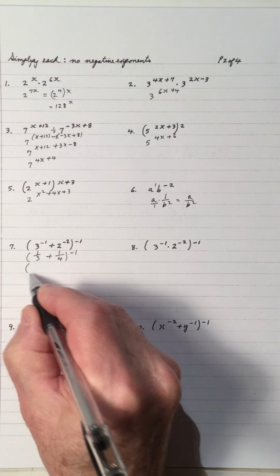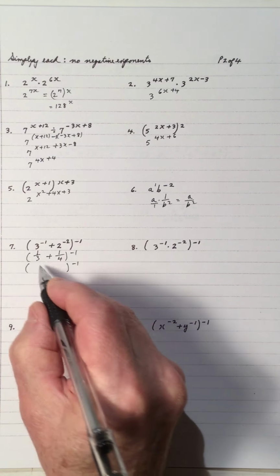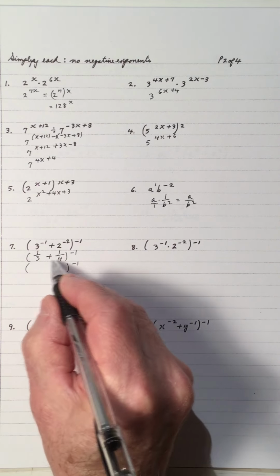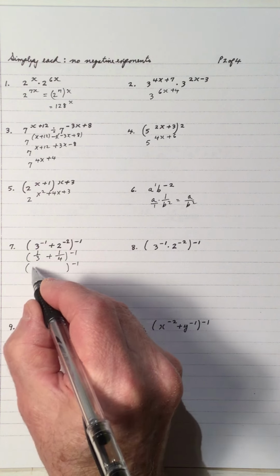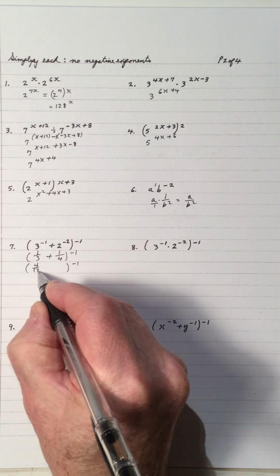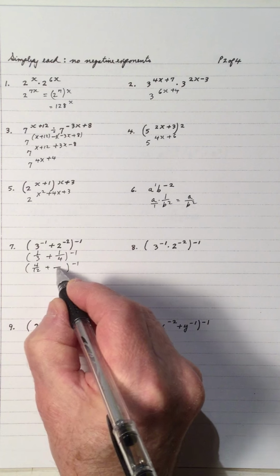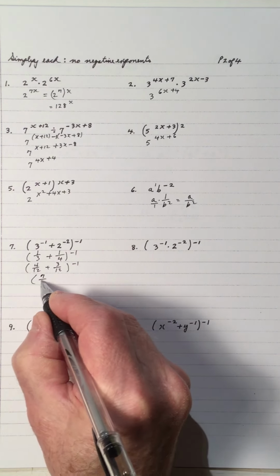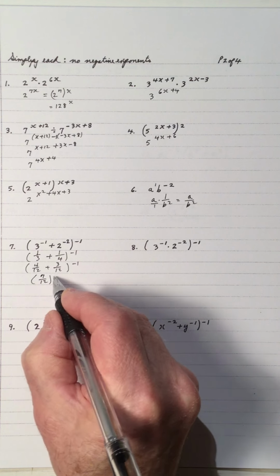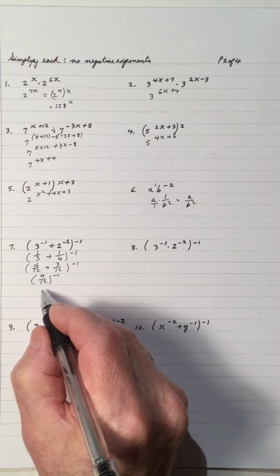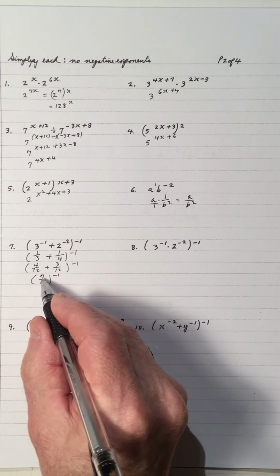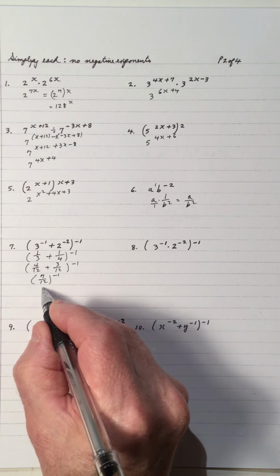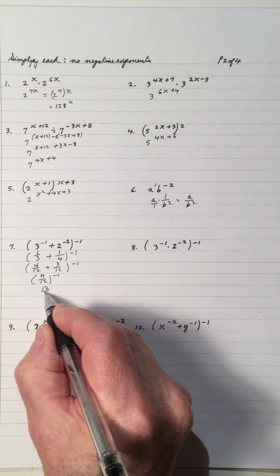So I'll continue to simplify the inside. The common denominator is 12, so that becomes 4 over 12. 3 times 4 is 12, 3 times 1 is 3, so that becomes 7 over 12. When we add, keep the denominator, add the numerator. Because 7 over 12 is raised to the negative 1 power, we do the reciprocal, 12 over 7.